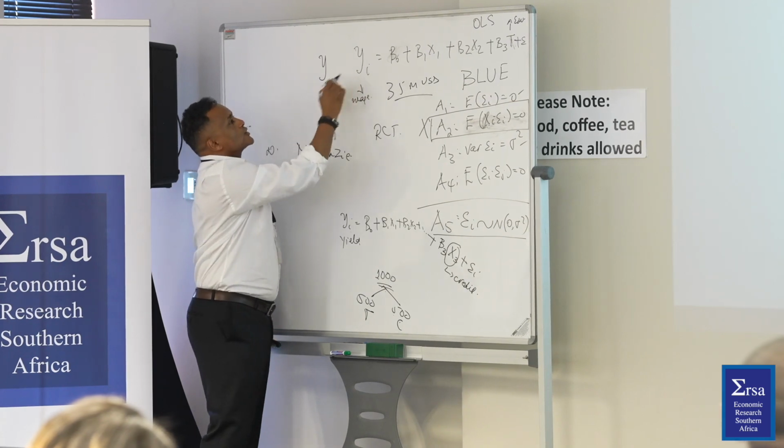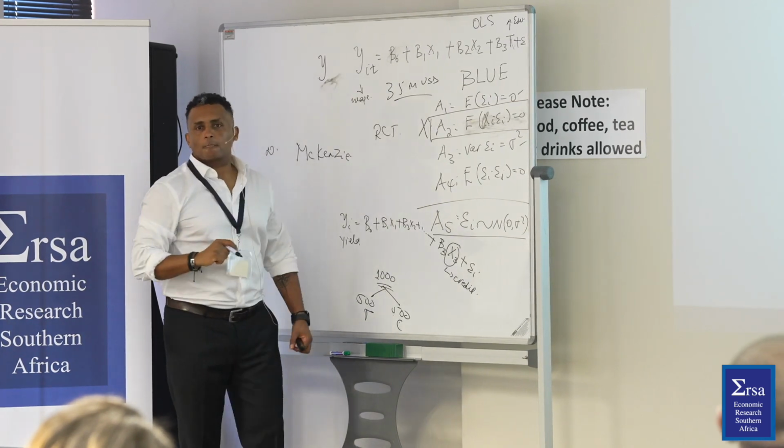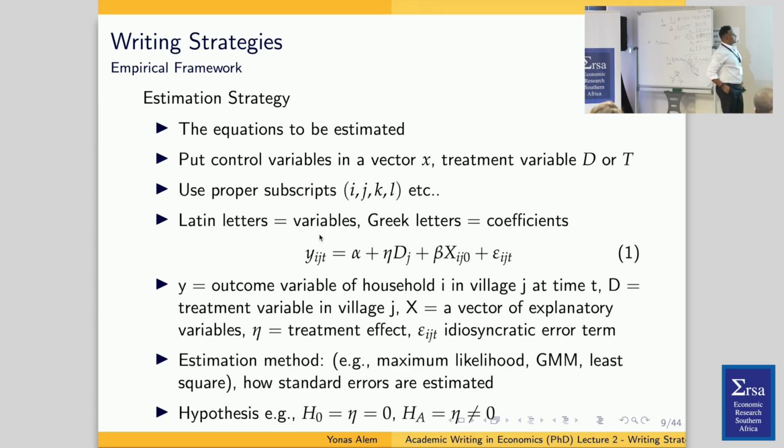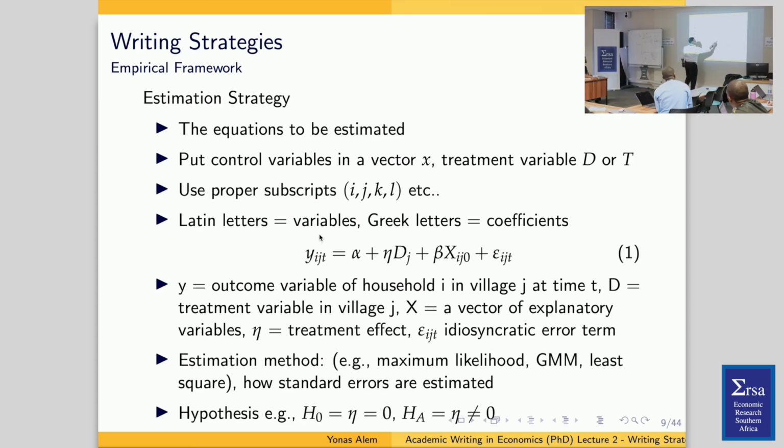Time should be t. Use these proper letters. Latin letters are variables; Greek letters are coefficients. D is a variable, X is a variable; beta, eta, alpha are all coefficients.